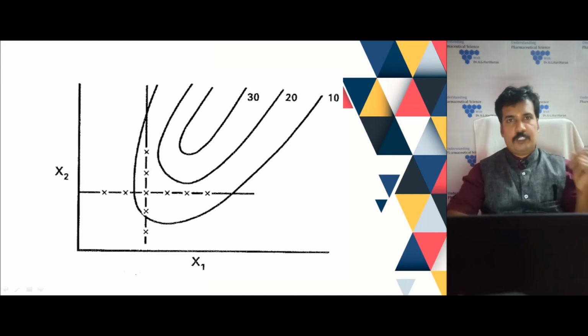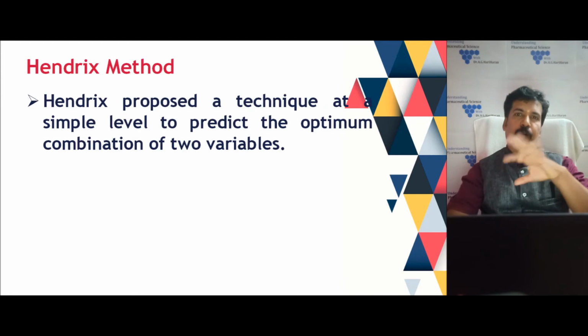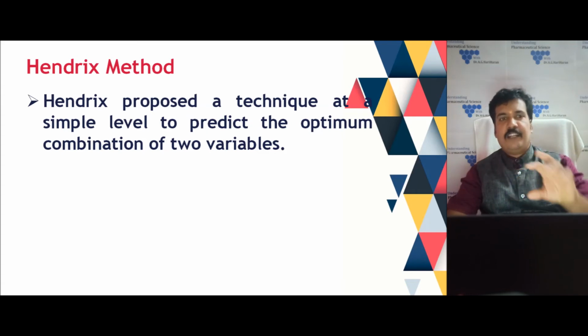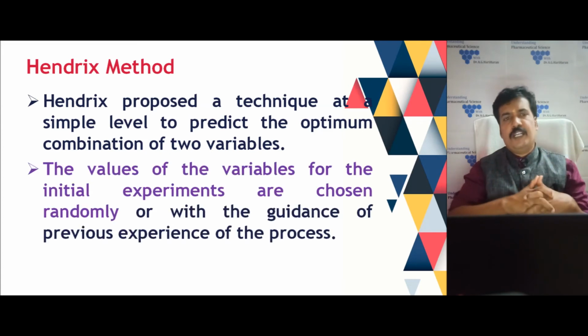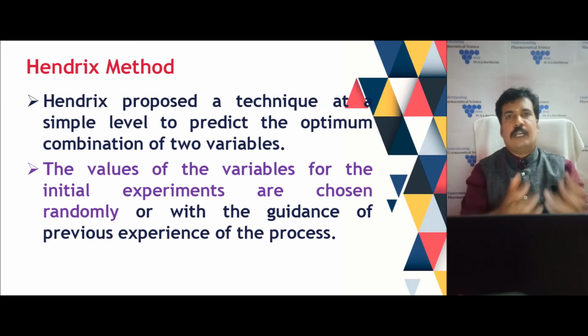So this is the Box-Wilson method. The Hendrick's method is more or less similar to the contour plot of the Box-Wilson method, but it is done at a simpler level to predict the optimum combination of the 2 variables. How is this performed? Initially, the values of the variables for the initial experiments are chosen randomly.